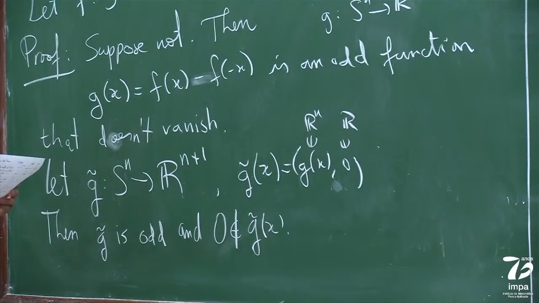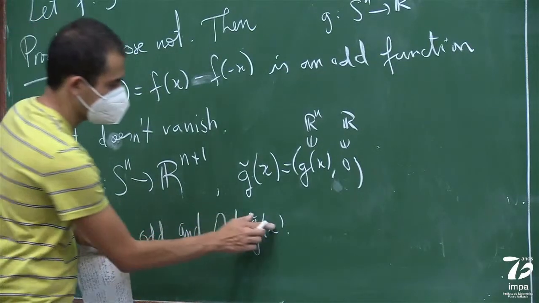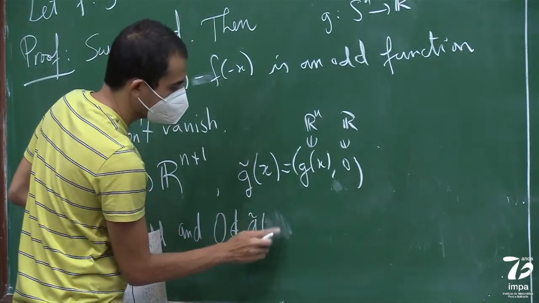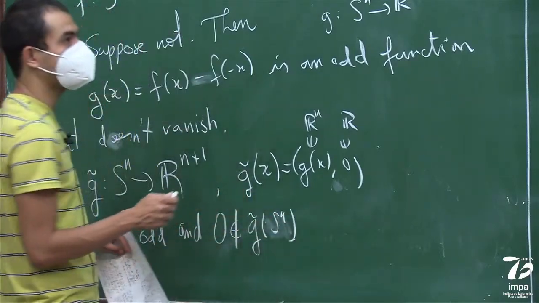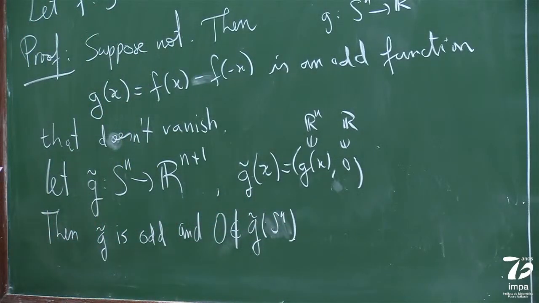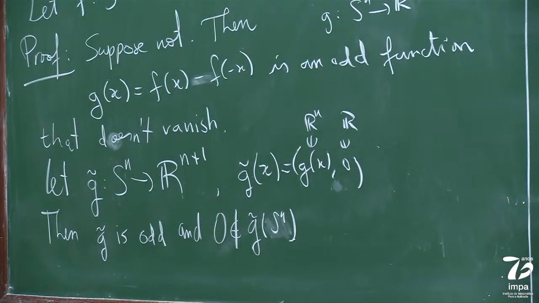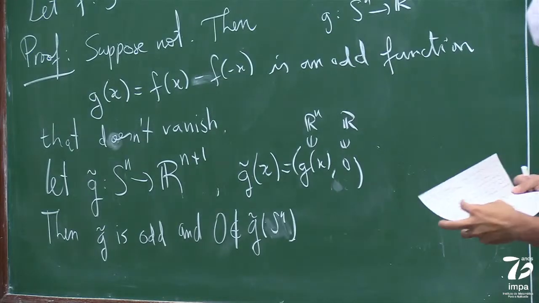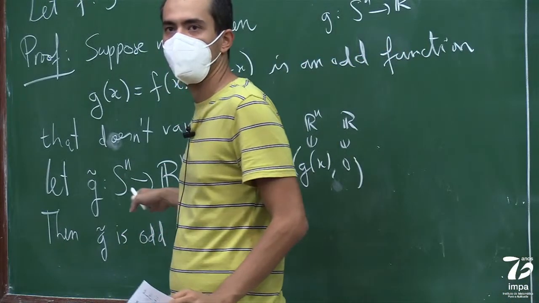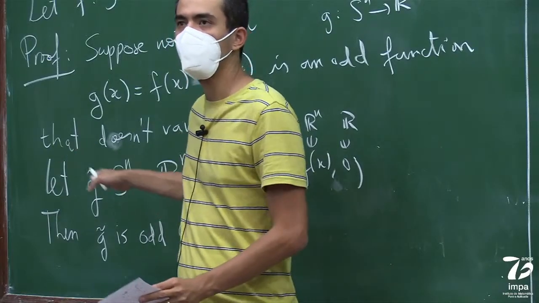Let's see how we get a contradiction here. That will be a contradiction if you think about it, because the image of g is contained in Rn. So it's really small.